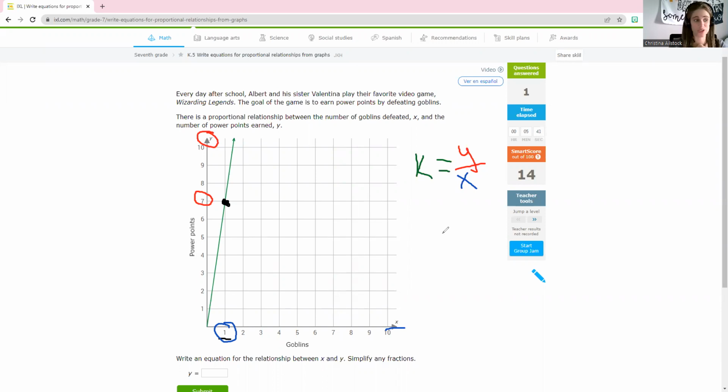So we can simply take our Y and divide it by our X from our ordered pair, which would be 7 divided by 1, giving us a K, a constant of proportionality, of 7. And then remember, when we write it in our equation it's in the form of Y equals KX. So we need to type in that 7X.